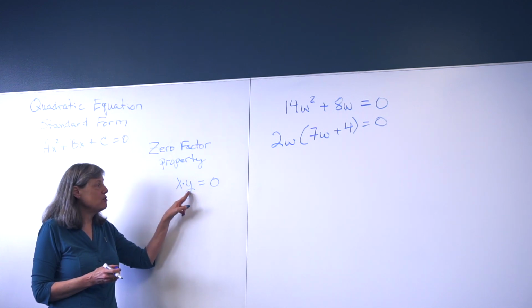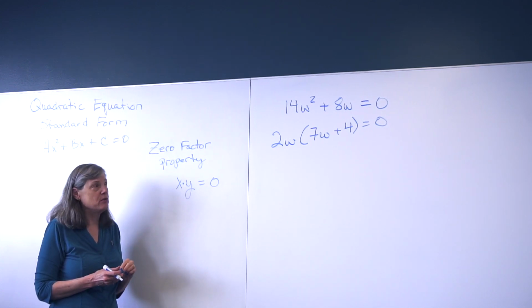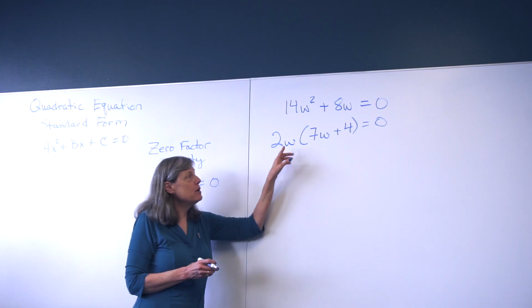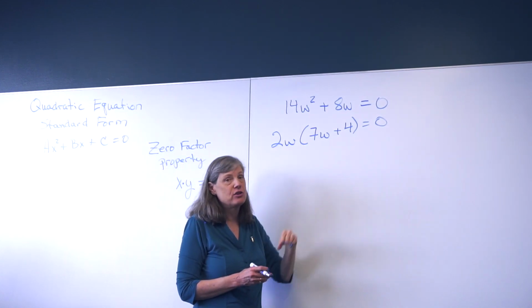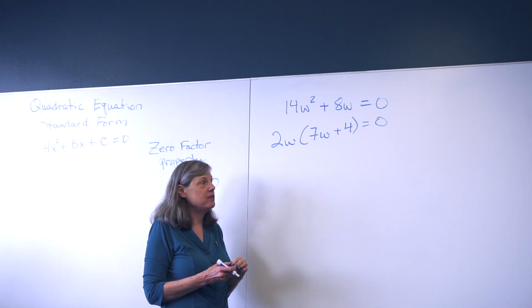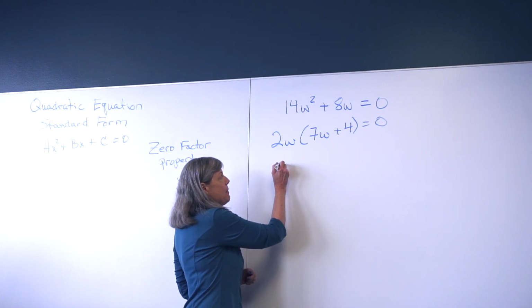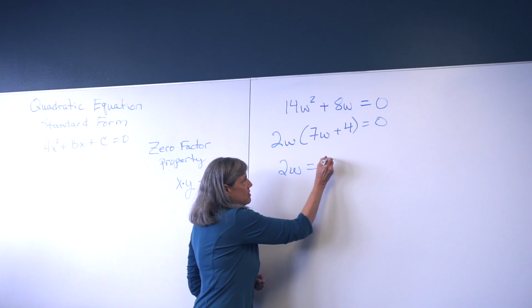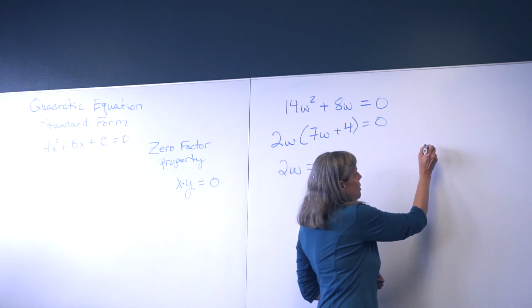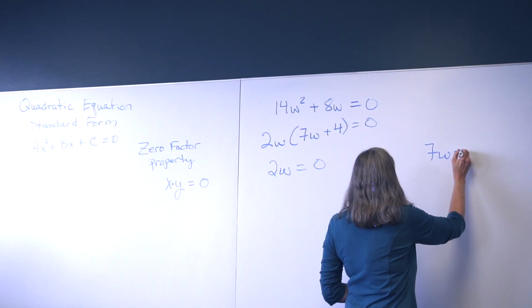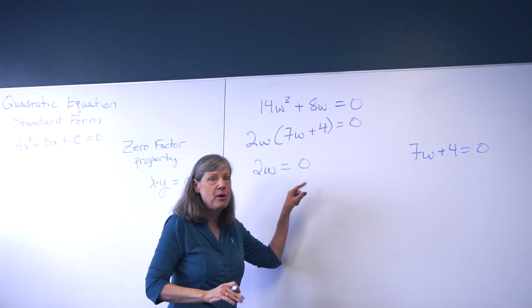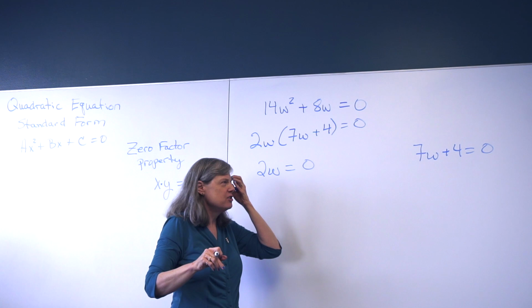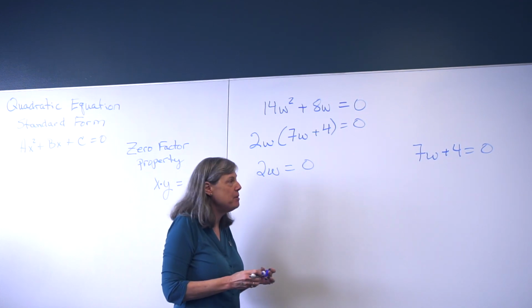So this is a factor, and this is a factor, and they're each equal 0. So I'm going to set each of those factors equal to 0 separately. So 2w equals 0, and 7w plus 4 equals 0. Notice how I spread them apart, keep them far apart, so we don't clutter each other up.